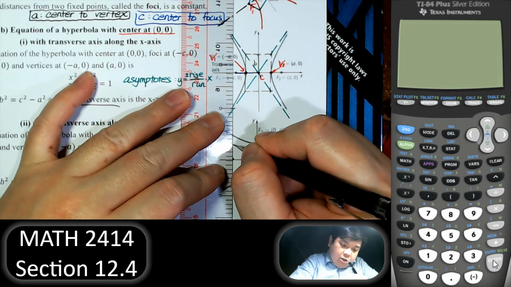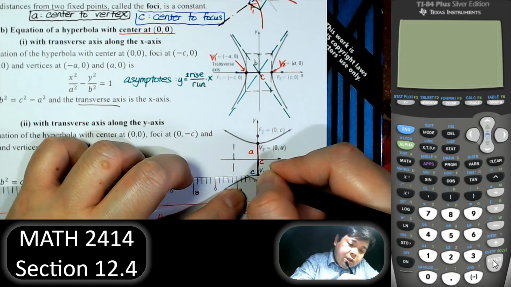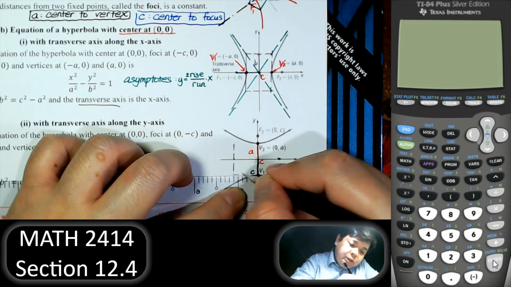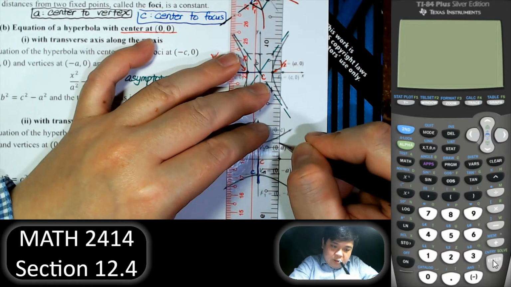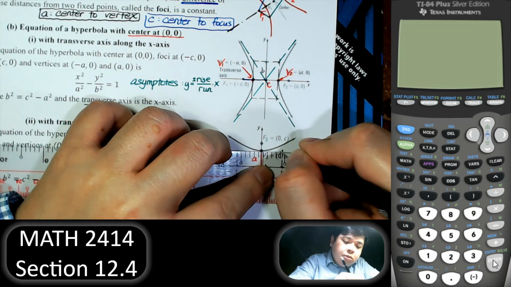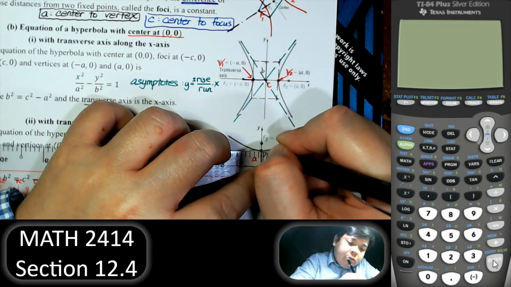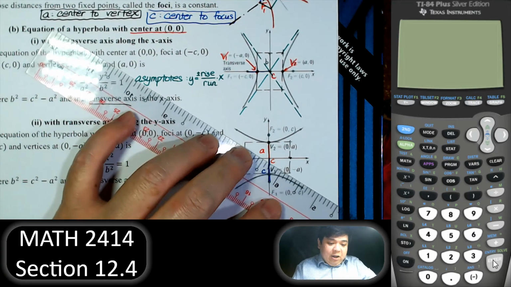Then we can draw the box, and then the diagonals.